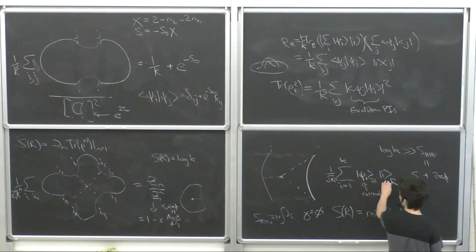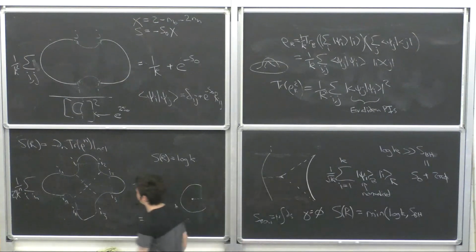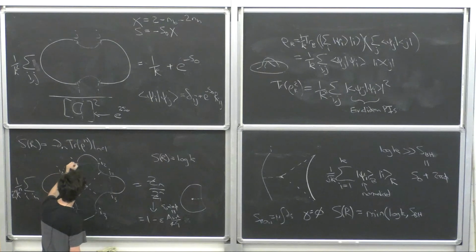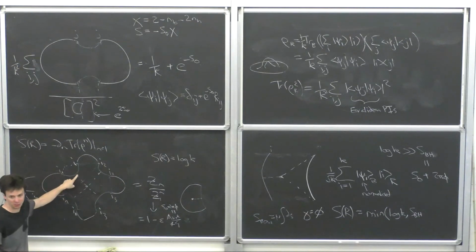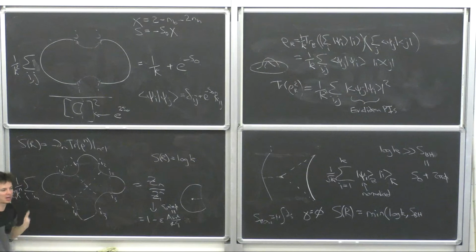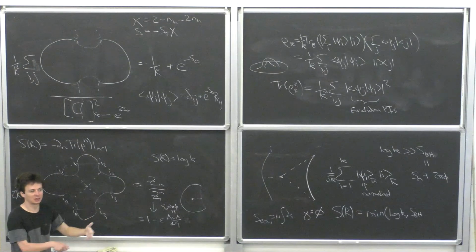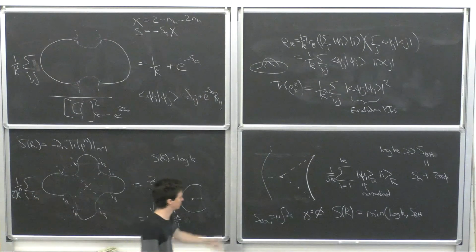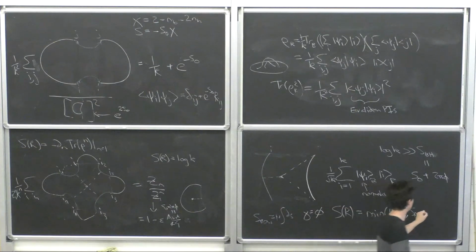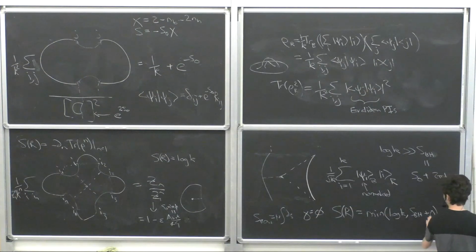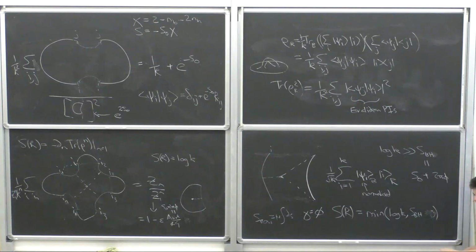But now not only did R go through the branch cut, but the end of the world brane did as well. So it's now the combined entanglement entropy of the radiation and the end of the world brane. But those combined are just in a pure state, because they're just maximally entangled with one another. So this is just 0, and it's given by the minimum of log K and the Bekenstein-Hawking entropy.